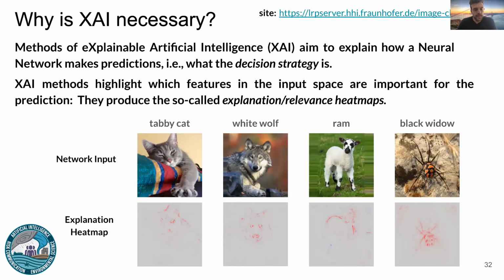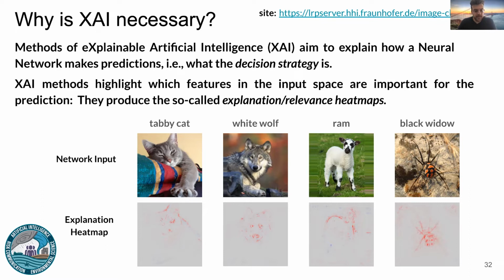On the top, you can see the different classifications that the network provided for the images. You can see the network input, and on the bottom, you can see the explanation heat maps. One can observe that in these examples, at least, the network seems to focus more on the edges of the body of the animal or the edges of the face of the animal.